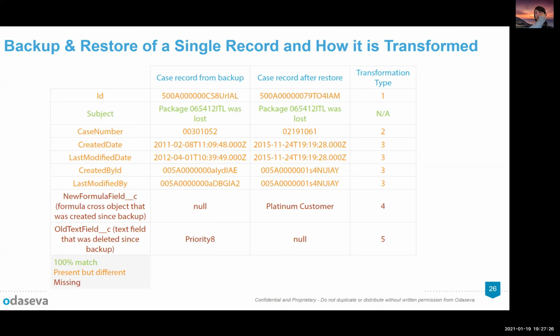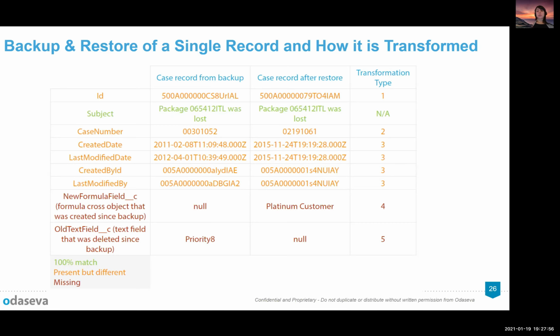And then the last one here, the text field was deleted since the backup. So it's the other way around. This time around, you had the data that you had deleted on your production environment, and now you need to do a restoration. Does it mean that all the hard work that you've done, working with this live data, is going to go back to its original state?